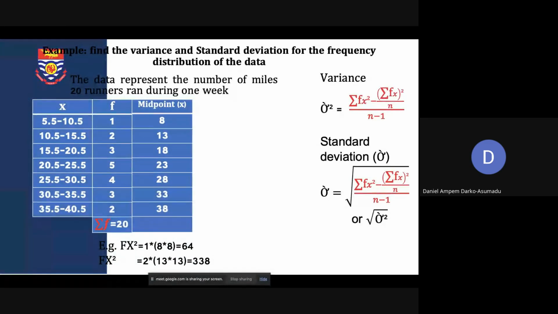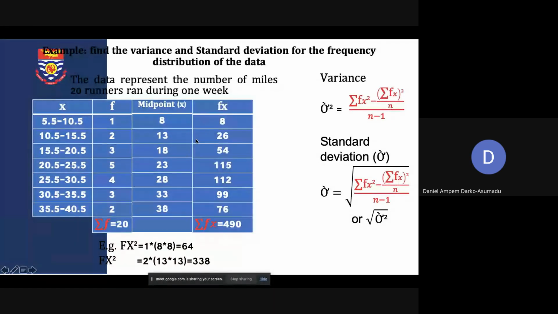So the formula should guide you. This is Fx: you multiply F times X, then sum it, and put it in the formula.